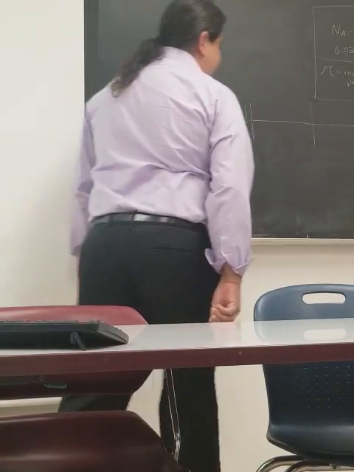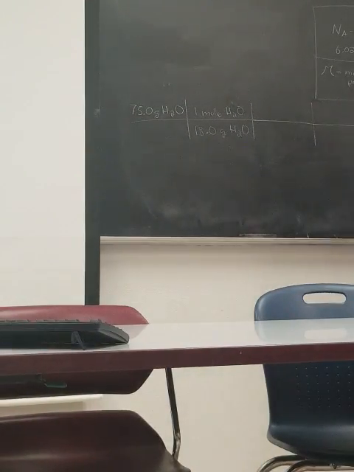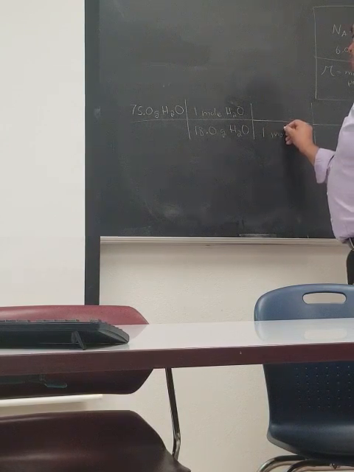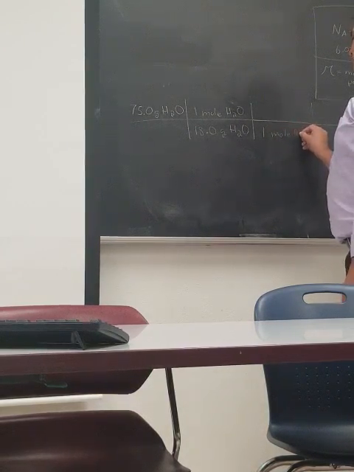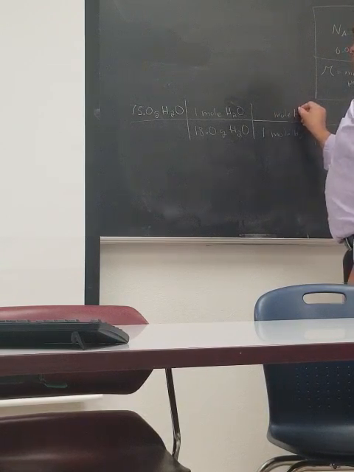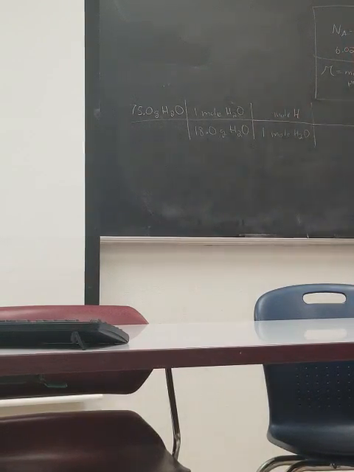Okay, that 18 comes from adding hydrogen and oxygen on the periodic table. Oxygen is 16, hydrogen is 1. 1 times 2 is 2, plus 16 is 18. Okay, those numbers come from our periodic table. Now, the question is not asking for water particles. The question is asking for hydrogen particles. In 1 unit of water, how many hydrogens do we have? 2.